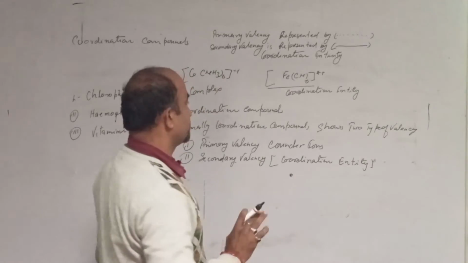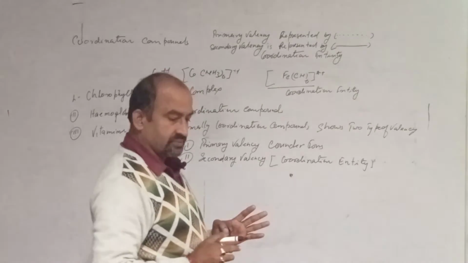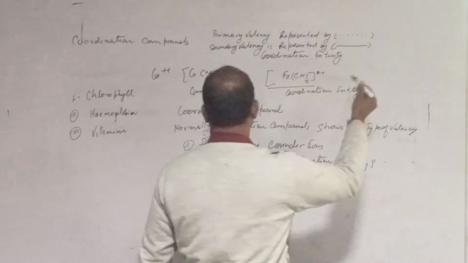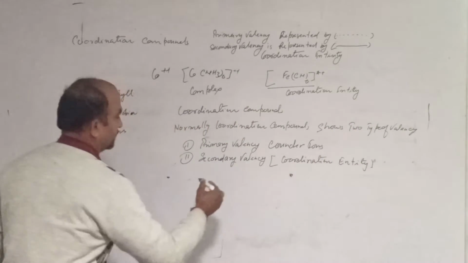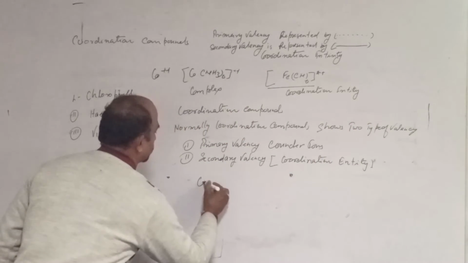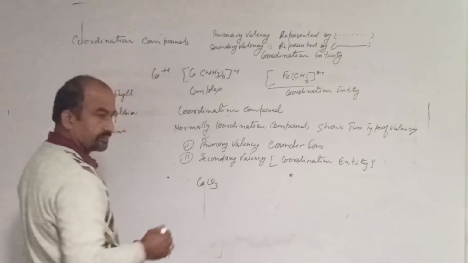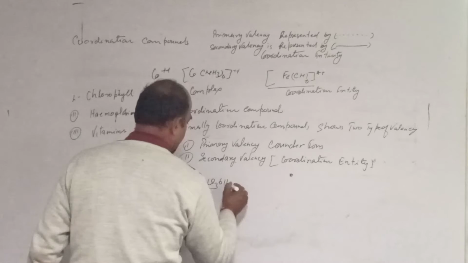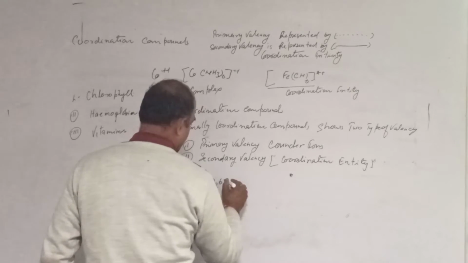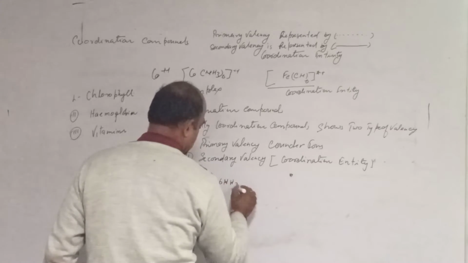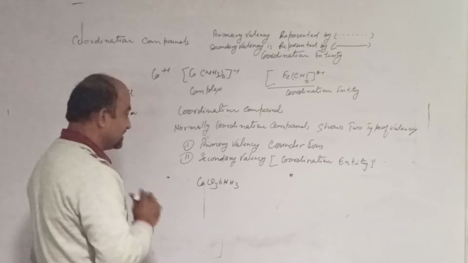If I am making the structure of Co Cl3 6NH3, we can write it as such.